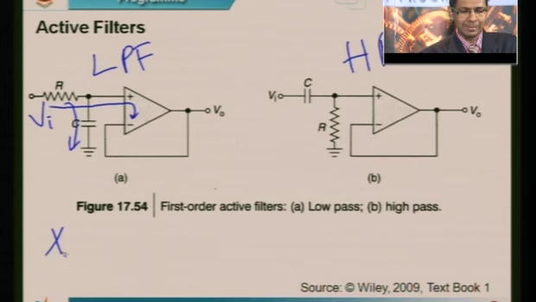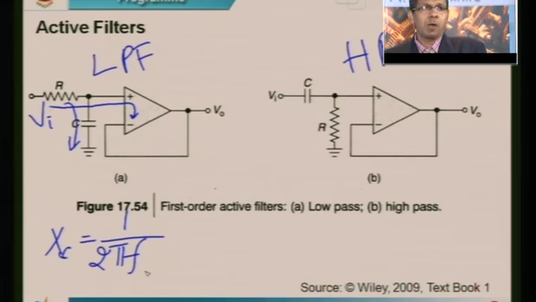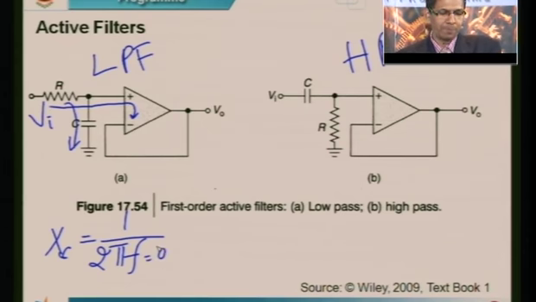The capacitive reactance is given by Xc equal to 1 upon 2 pi f C. That means at lower frequencies, if it is DC, f would be 0. At f equal to 0, the capacitive reactance is 1 upon 0, which is infinite, and even at lower frequencies beyond 0, it is still much larger.